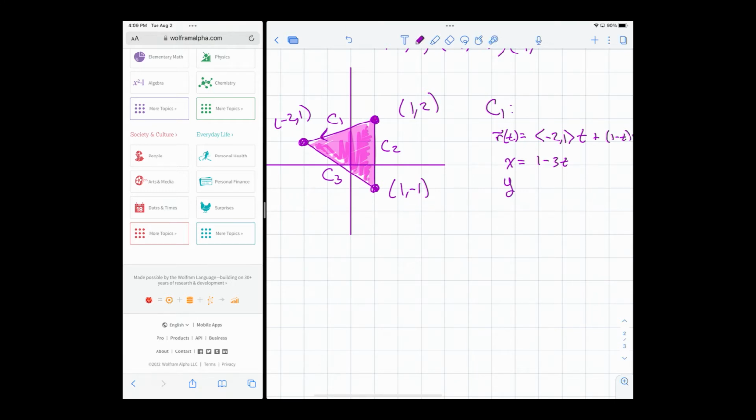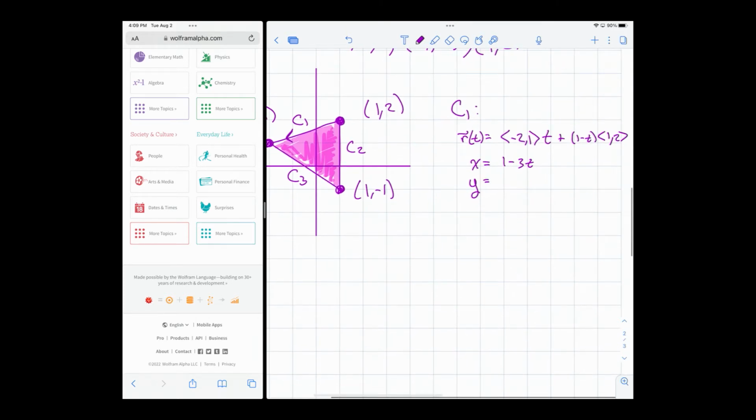Now, of course, we have to do that for y as well. How do we do that? Okay, sorry. 1 times t would be t, plus 1 minus t times 2, which would be 2 minus 2t.